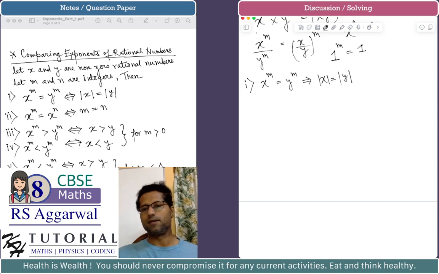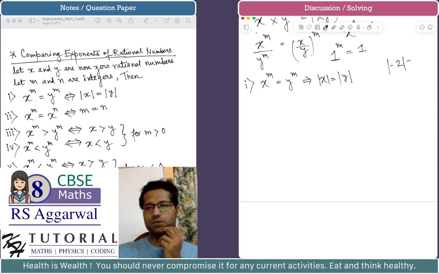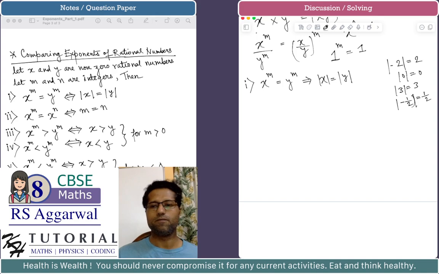You ignore the sign. Mod of x is whatever the value of x is. If it is positive, then it will be positive, and if it is negative, you just ignore the sign. So basically mod of -2 is 2, mod of 0 is 0, mod of 3 is 3, mod of -1 by 2 is equal to half. This is the concept of mod.